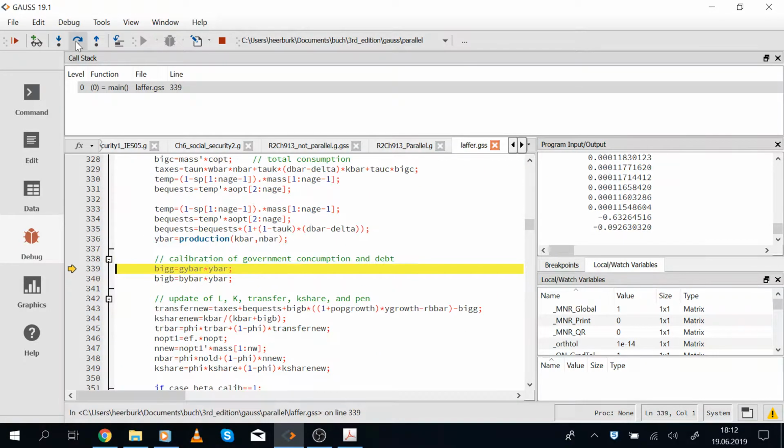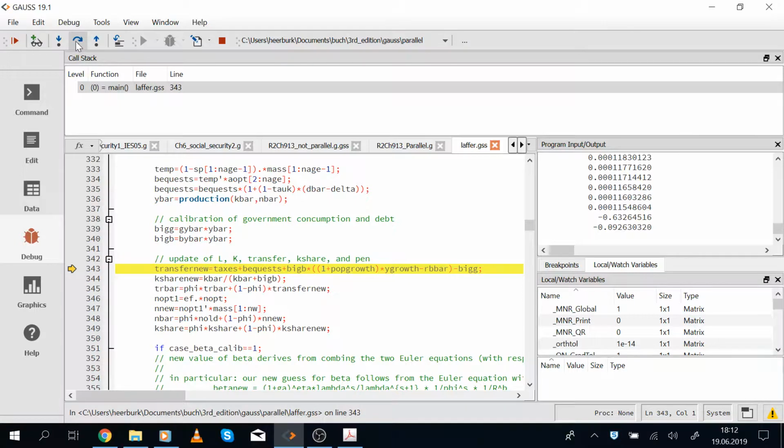We compute production, the values for government consumption and debt, and compute the new transfers that result from the fiscal budget. So the revenues consist of taxes, bequests, and new government bonds minus old government bonds and interest rates minus government consumption.